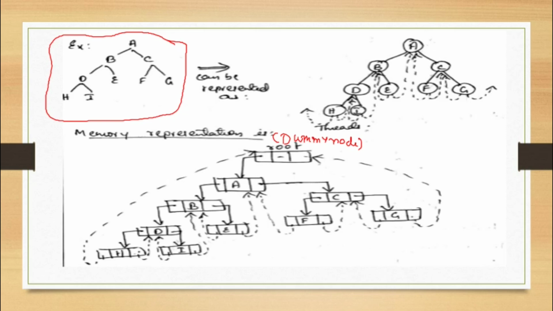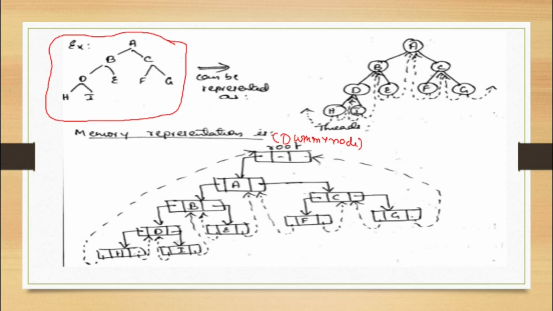A is starting, so the left link of A is B and the right link is C. We have already done this many times in our various examples. The left of B is D and the right of B is E. The left of D is H and the right of D is I. E has nothing on the left. Similarly, C's left is F and right is G. F and G have null pointers.